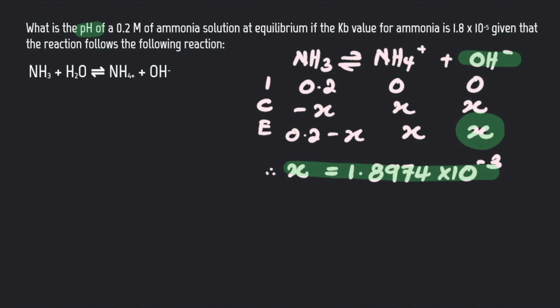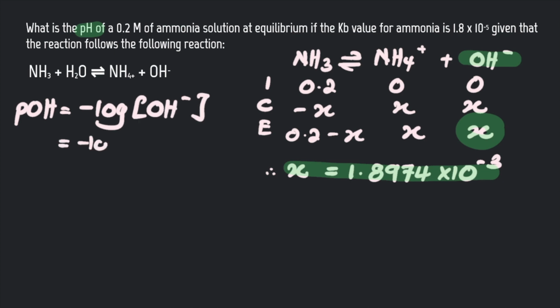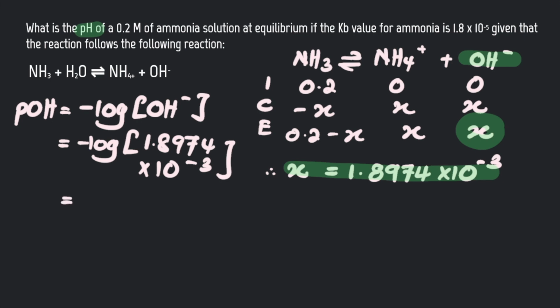Since this is not an acid, what we can calculate is your pOH. So pOH is equivalent to negative log of OH minus, the concentration of which is 1.8974 times 10 to the power of negative 3.